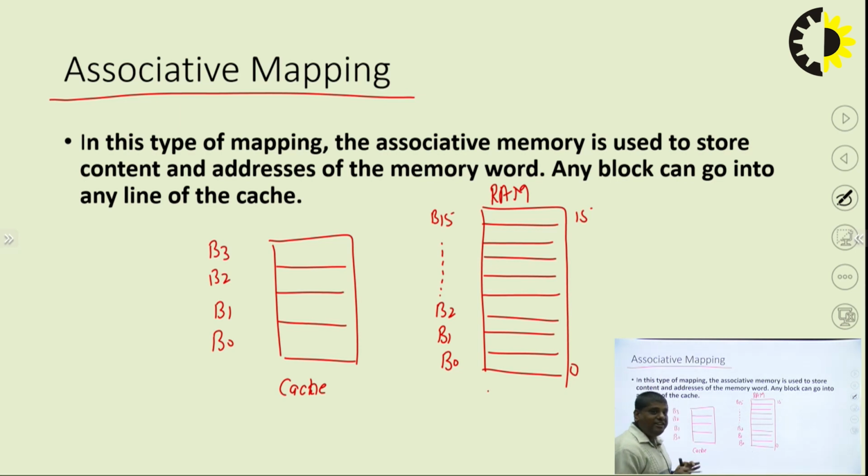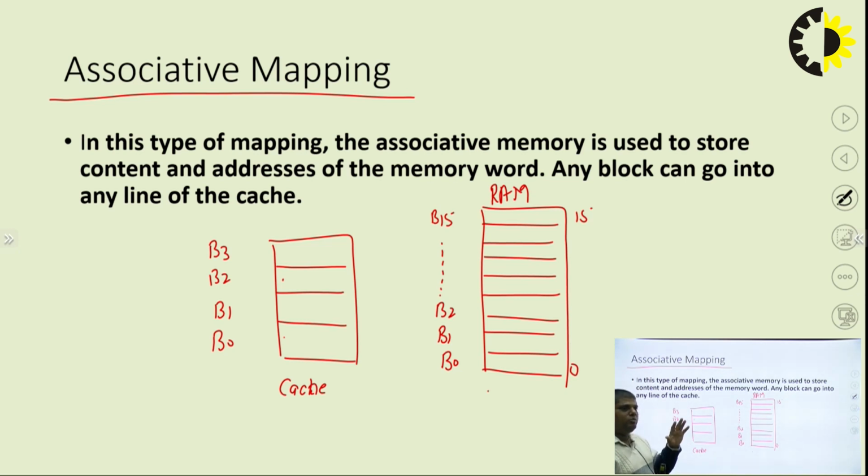But according to the associative mapping, there is no fixed position for any block in the cache. It means B0 can accumulate here, or here, or here, or here.